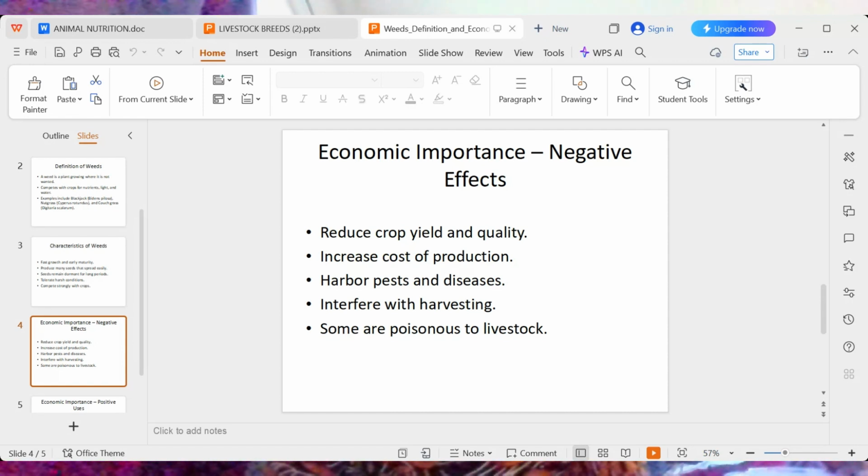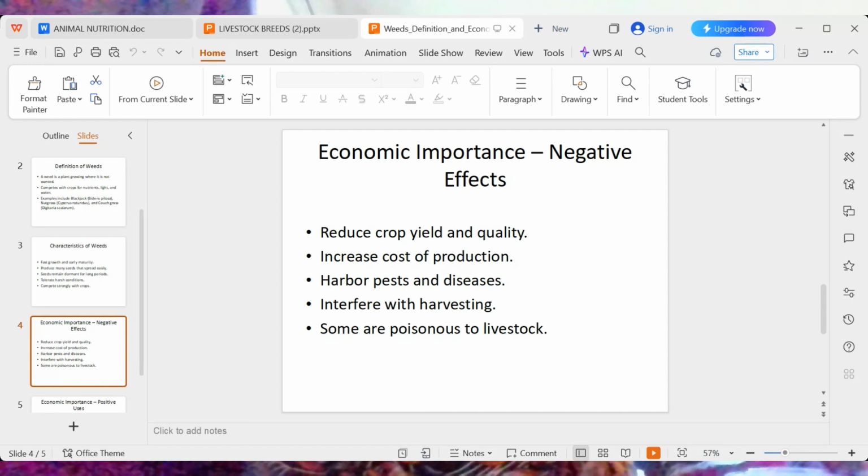Our next subtopic, we are going to look at the economic importance which are the positive ones. Not all weeds are negative, but they also have a positive side to human beings and also to our environment and the livestock.